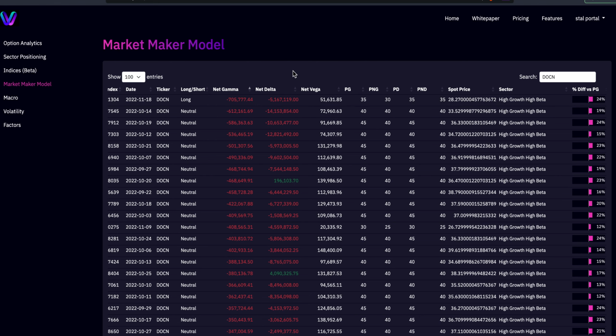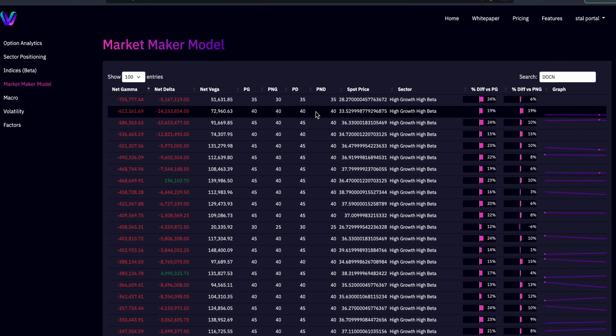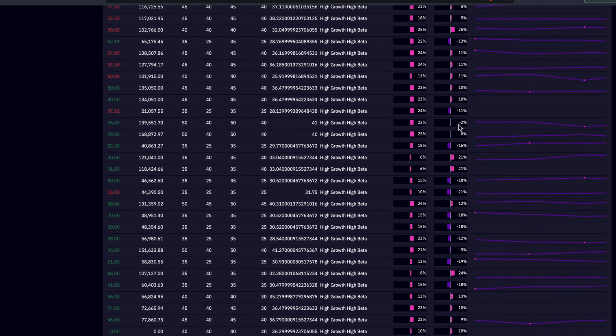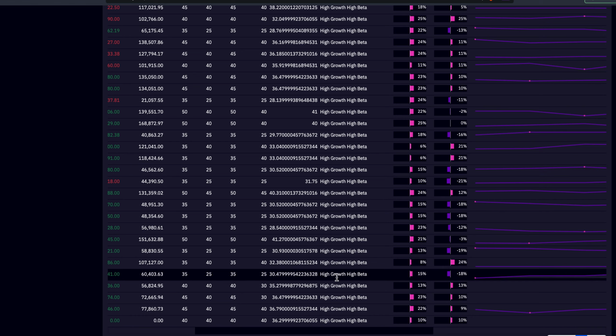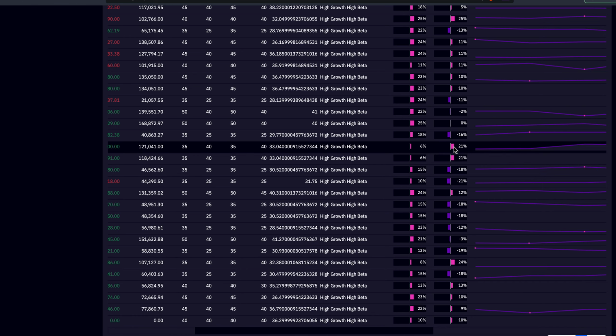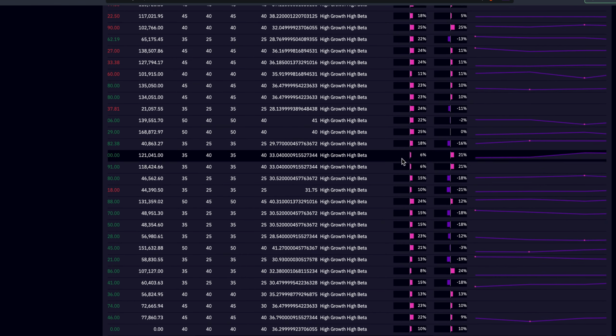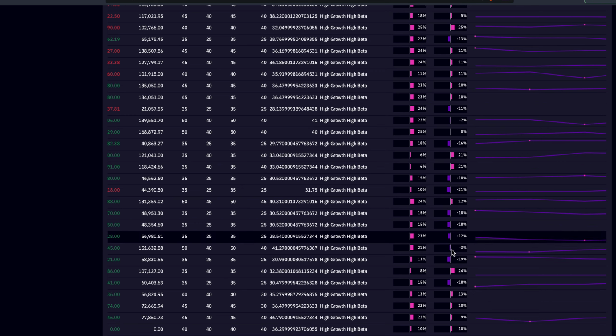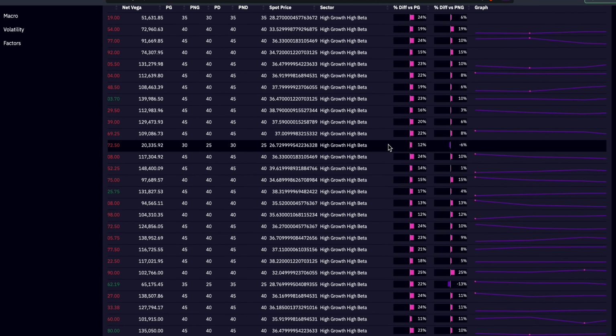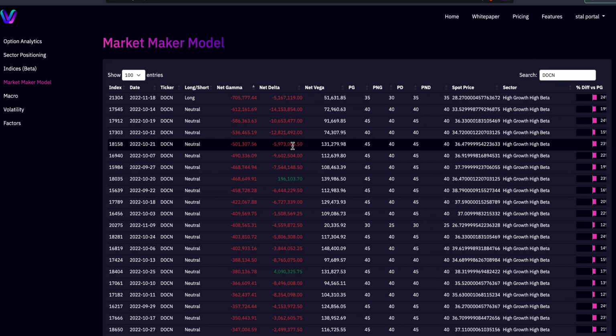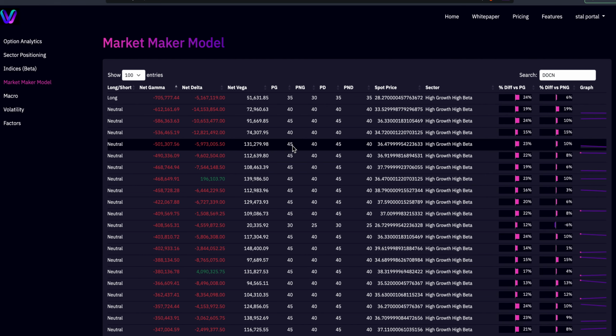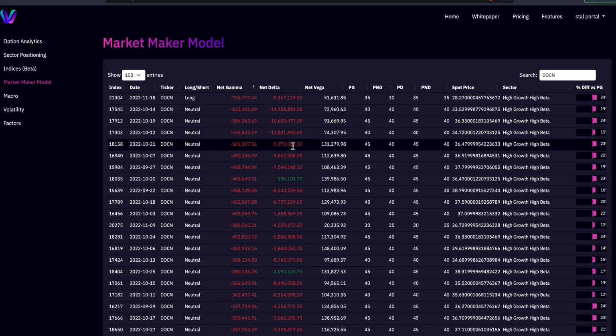Seems like people have crowded into this a bit too much at this juncture, though there have been situations where price stretched way below its peak negative in the past, which you can see over here, 21%, 21%, 24%, and so on. So that'd be one that I'd say, okay, I want to take a look at this one. I think this is one that's worthwhile, and potentially worth a shot as a result.